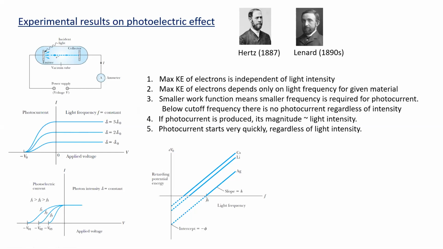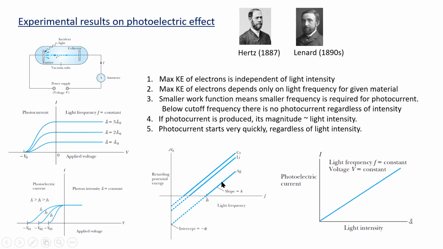And then if a photocurrent is produced, its magnitude is proportional to the light intensity. So if we're in this region where a photocurrent is being produced, the intensity matters.